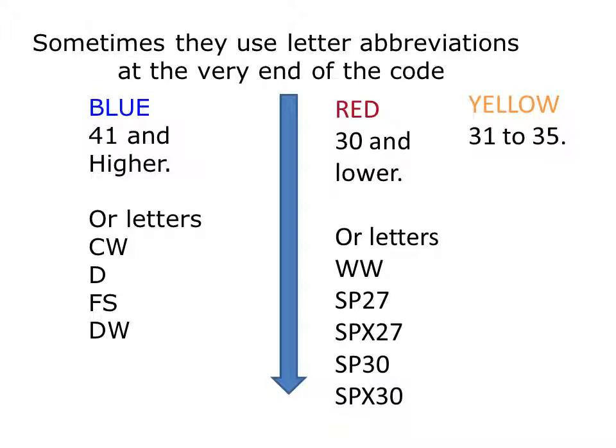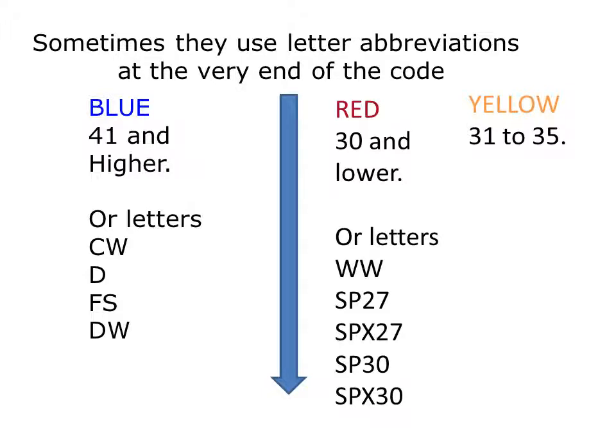Now, just to make things difficult, there are some lighting companies that use letters instead of numbers. Yes, we can't have things be too simple for you. So, the letters CW, D, FS, and DW are all code for high in blue emissions.